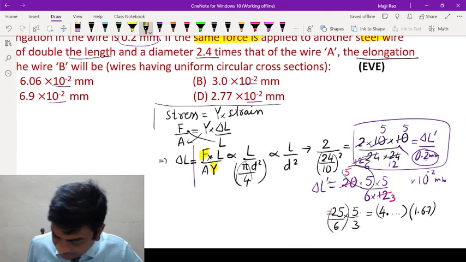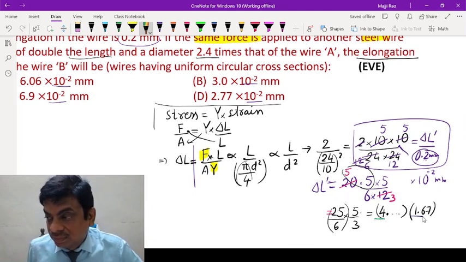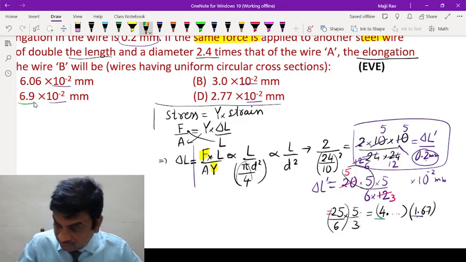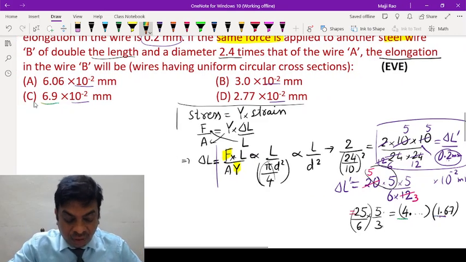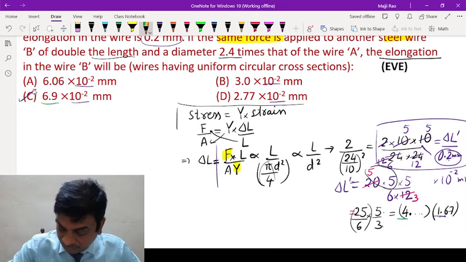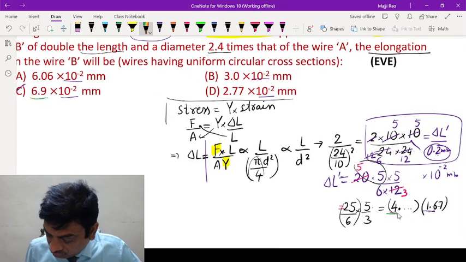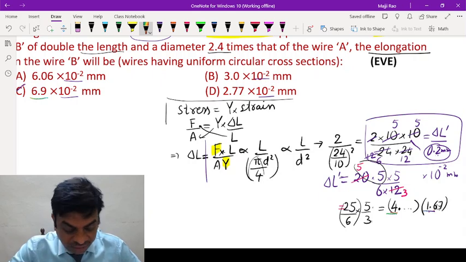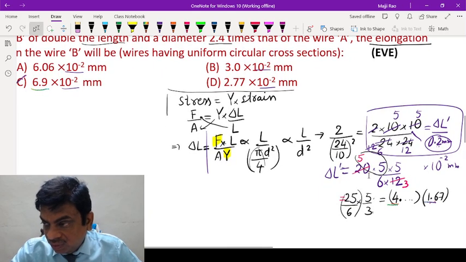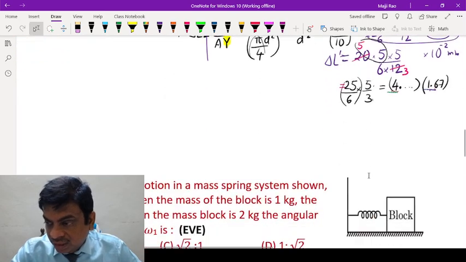Now you see, students, 4 16s are 64, and it should be more than 64 with a point. So the only option left is C option, 69. When we put decimal, 4 point something into 1 point something, certainly it will be 6 point something. So that's how you have to reach the correct answer.